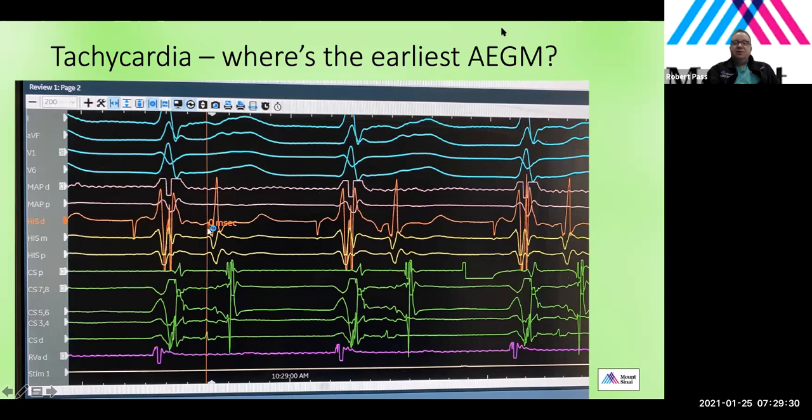Because we definitely have a left-sided accessory pathway that conducts antegrade, albeit weakly. But we've induced a tachycardia where the earliest retrograde A is actually in the His. And so this started us wondering if this patient had either a right-sided pathway or some kind of AVNRT. Now, David Barris, this R to P interval is about 150 milliseconds.